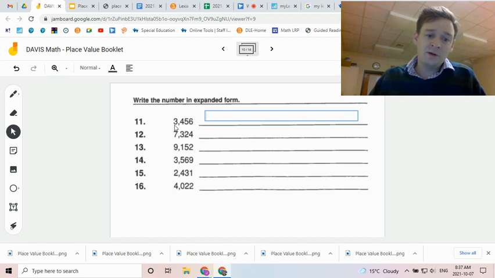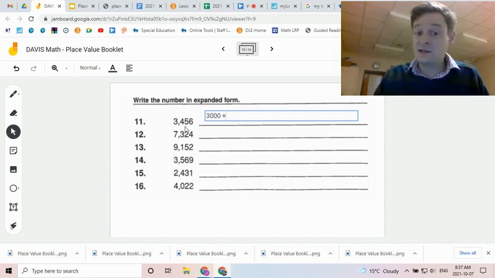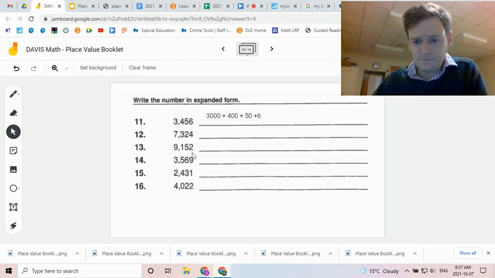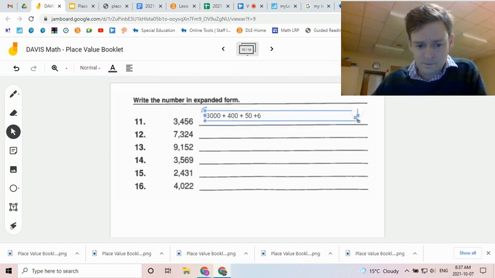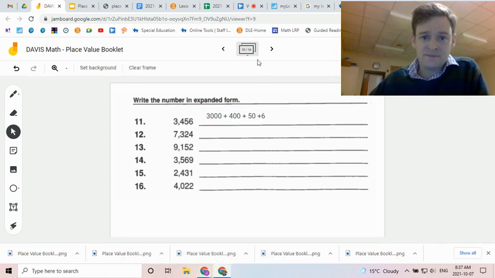So the most valuable digit in my number is the 3 at the front, and the 3 is in the thousands column because I can count ones, tens, hundreds, thousands. 3,000 plus the next digit, which is in the hundreds column. I'll let you work through those questions.